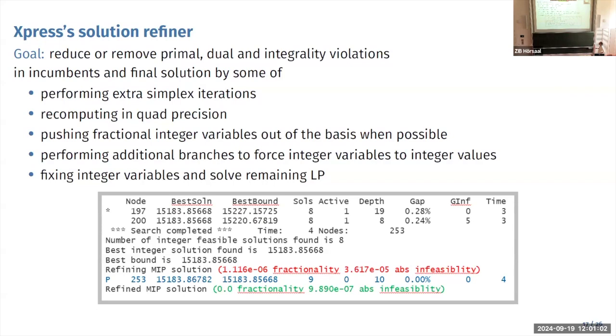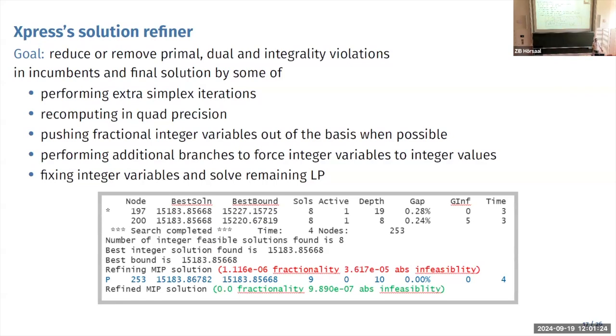Or you could also, during the branch and bound process, do additional branches to force integer variables to integer values. So if you realize that you have such a 10 to the minus 6 for some binary variable in a big M constraint, then you can just open two branches, right? 0 and 1, and solve it exactly each time.